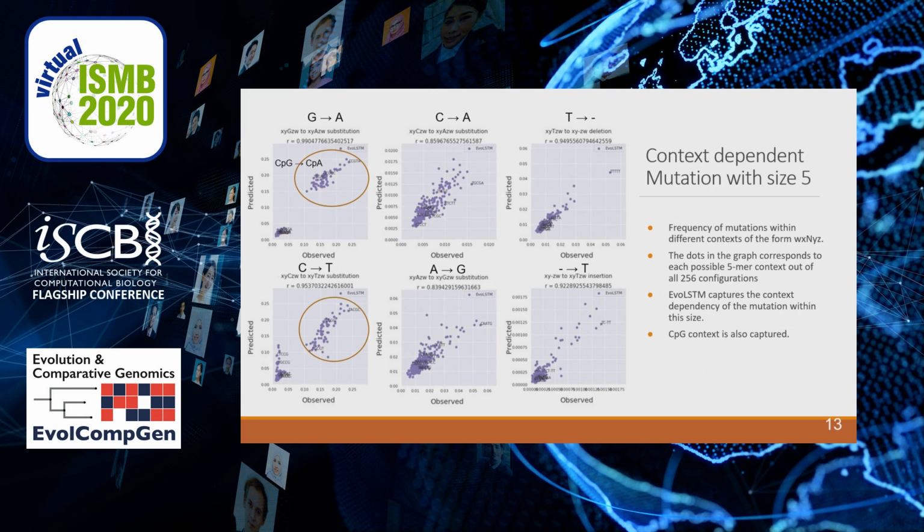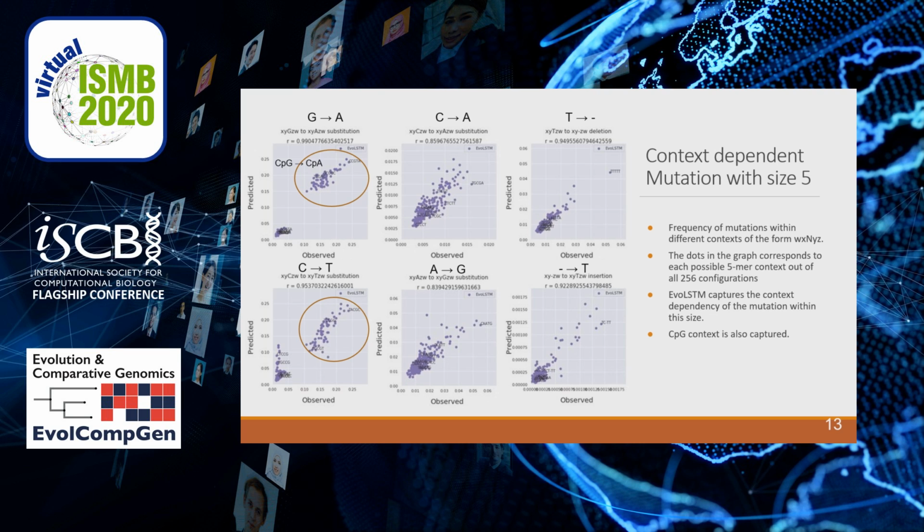We evaluated EvolSTM's ability to capture the context dependency of mutation within two flanking bases on each side of the mutation site. Each graph shows a comparison of frequencies of a given mutation, for example, C to T substitution in the top left corner, occurring at the center of the 5-mer, between the EvolSTM simulation on the test set and the observed test set.